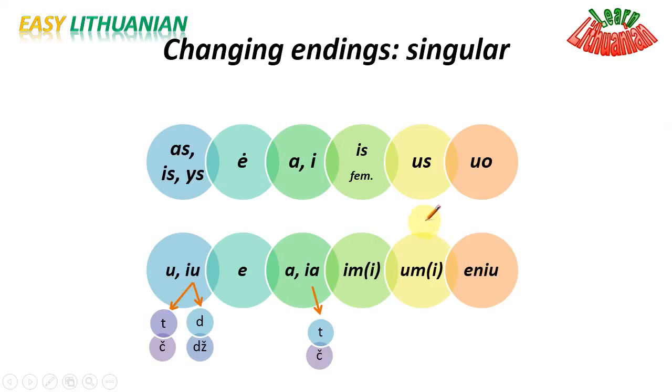Well, for masculine, as is, you have o, s is taken out and a turns to o, e turns to e. A doesn't change, very easy. S changes to im, os changes to and o changes to eno.